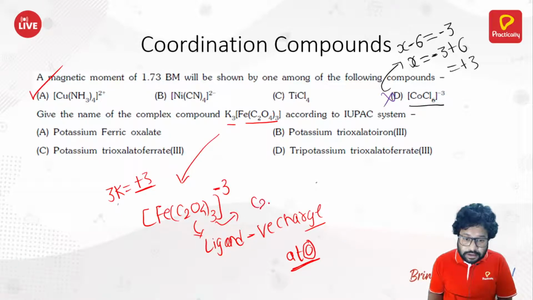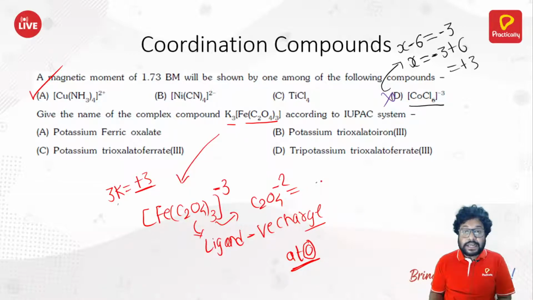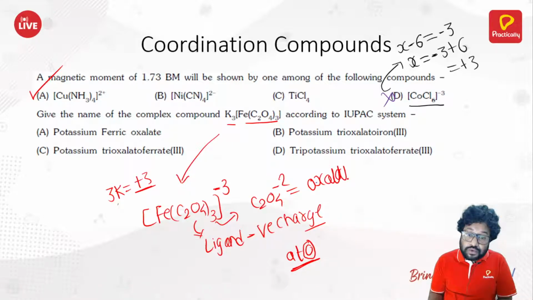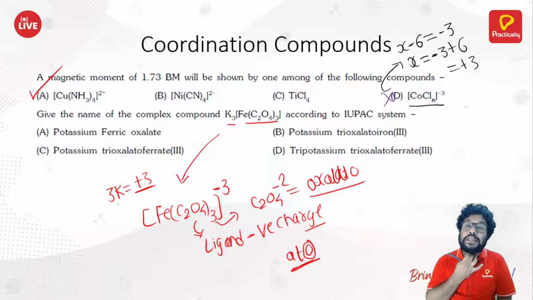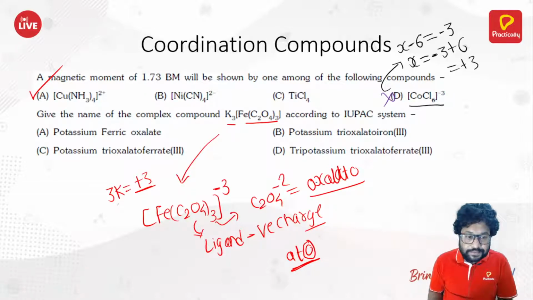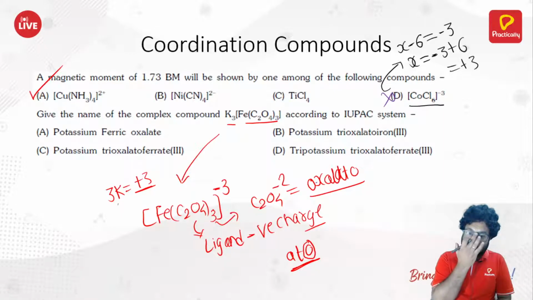C2O4 2 minus. This is called oxalate. But in the IUPAC nomenclature of coordination compounds, it is called oxalato. Then how can we name this? One more thing. Whenever your coordination sphere has a negative charge, the ending of the name of your metal should end with 'ate'.